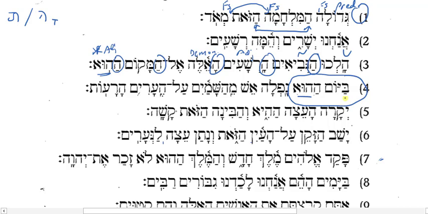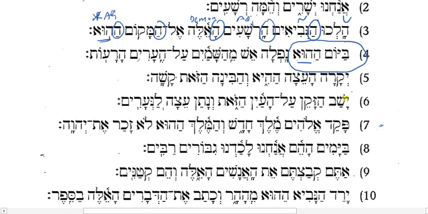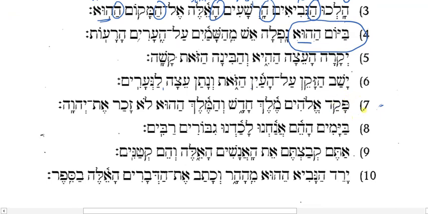And look at 8. This is a similar expression. Bayamim hahem. This is the masculine plural of days. Near or far demonstrative? Far. So it's in the days, those. In the days, those is which days?